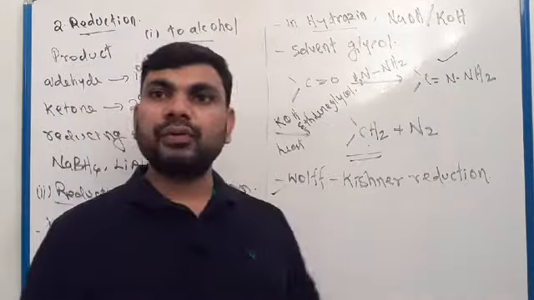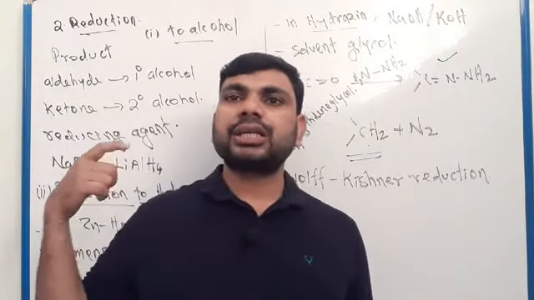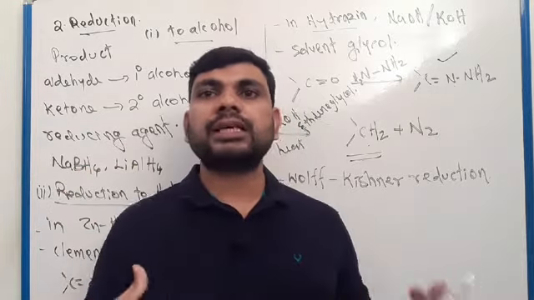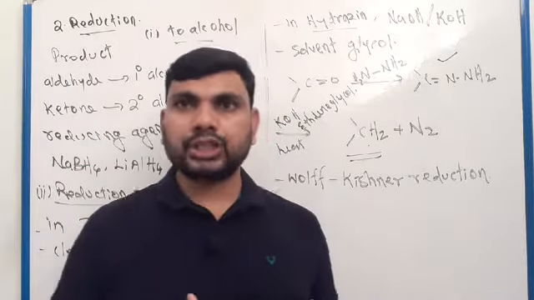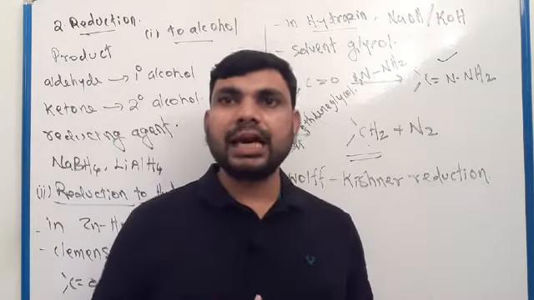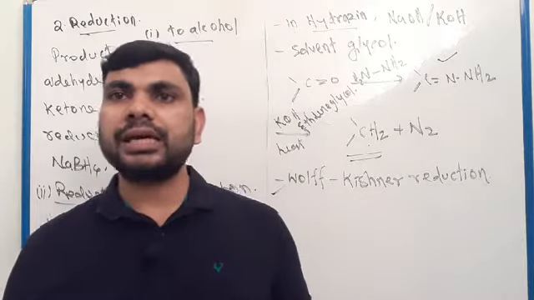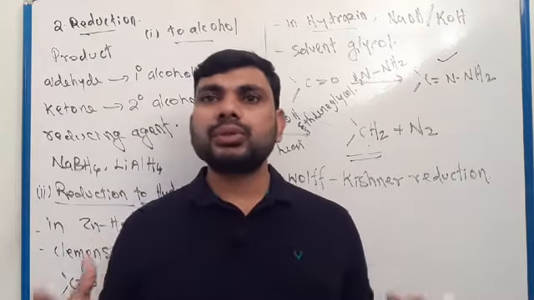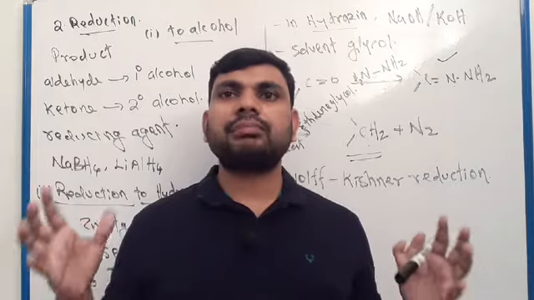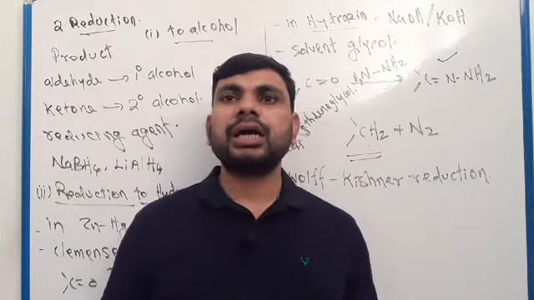Wolff-Kishner reaction or Wolff-Kishner reduction. This chemical reaction is a reduction, that's why we say Wolff-Kishner reduction. Here in Wolff-Kishner reduction, hydrazine and sodium or potassium hydroxide in ethylene glycol are used as reagent for this chemical reaction.